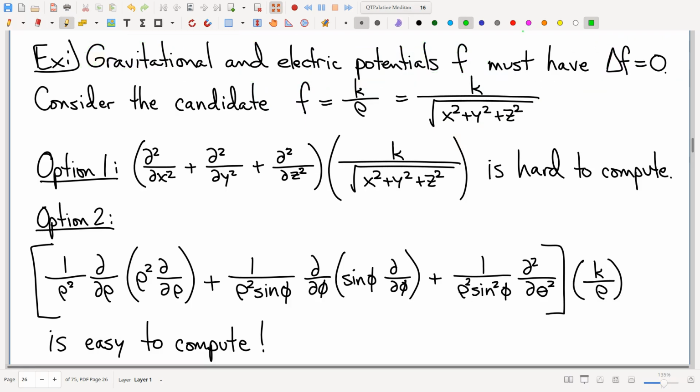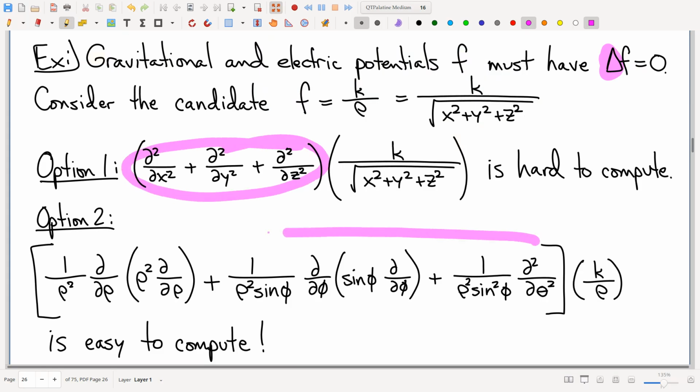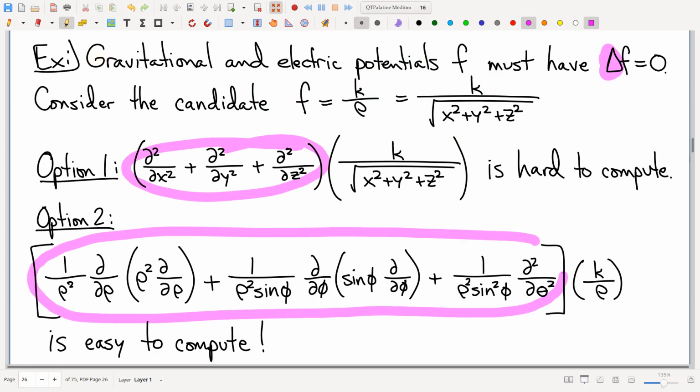Again, we're going to take our Laplacian, and I can choose either the rectangular Laplacian or the horrifying looking spherical Laplacian. And into those, I would plug my function f, which you can write in rectangular coordinates or in spherical coordinates. So take your pick. Which one of these would you rather compute? I think most people are still probably picking this one, right?